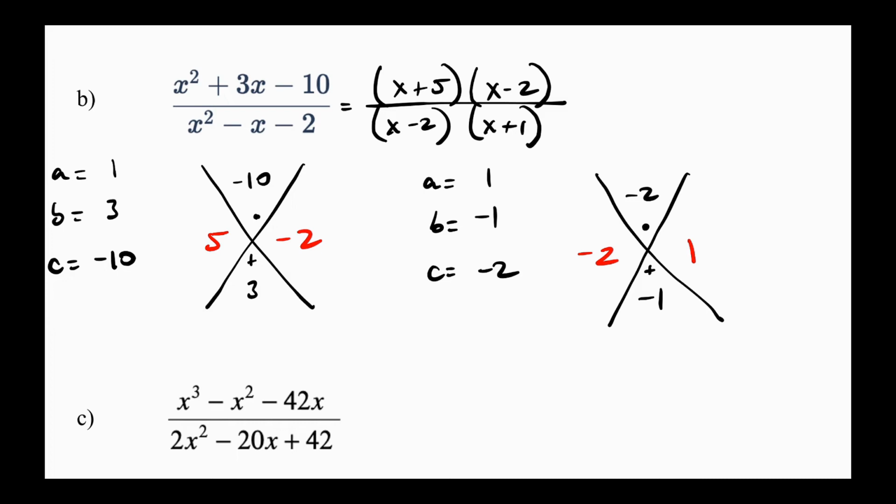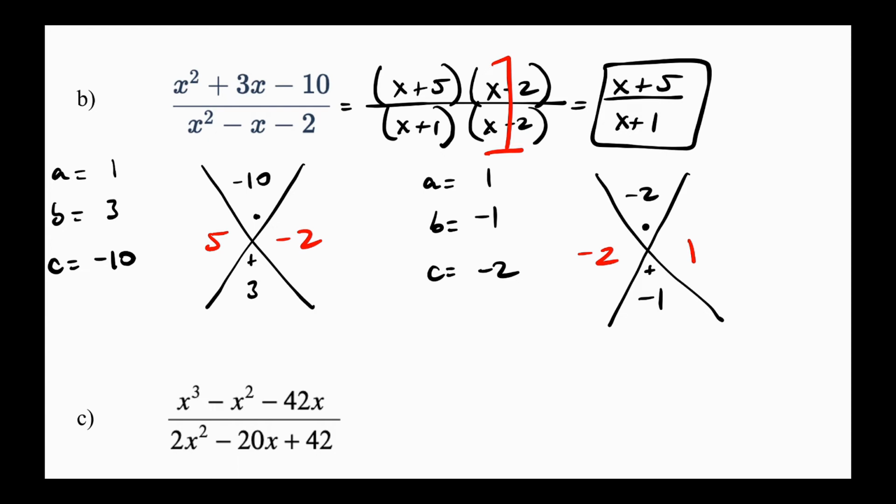The answer is yeah, right? It's just preference. I chose to do it that order, but couldn't you do it this order too? I like to do it this way because it reminds me these are going to cancel out, but you don't have to do it that way. So that leaves x plus 5 and x plus 1.